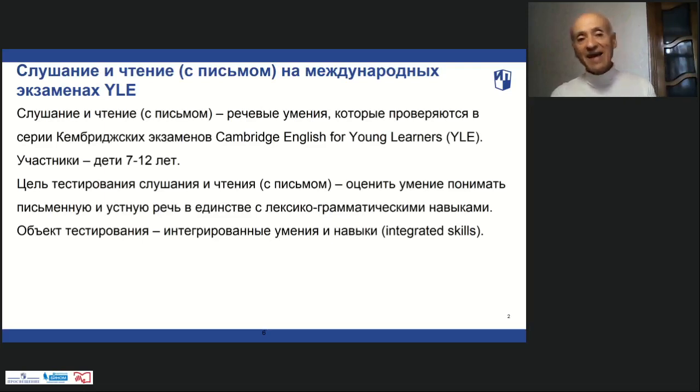That's why we're saying listening and reading together with writing at the international exam. These are skills that are tested in the series of Cambridge English Young Learners exams. And the participants, the candidates, are children aged from 7 to 12. The purpose of testing listening and reading together with writing is to assess the ability of candidates.